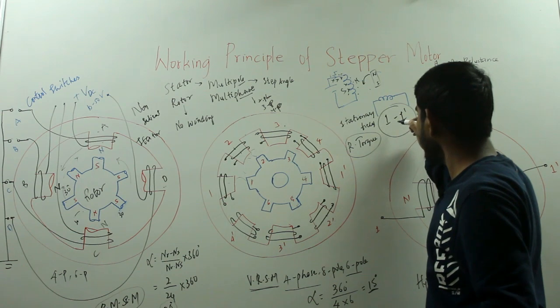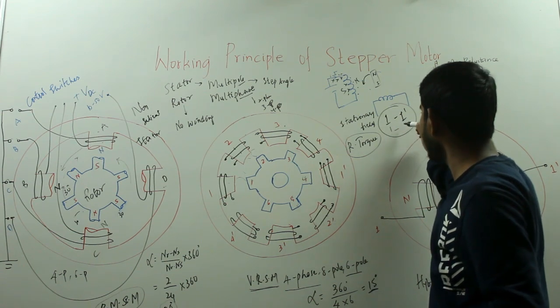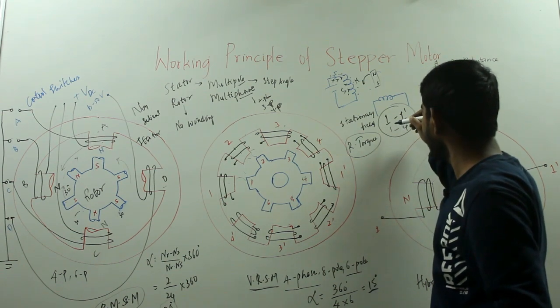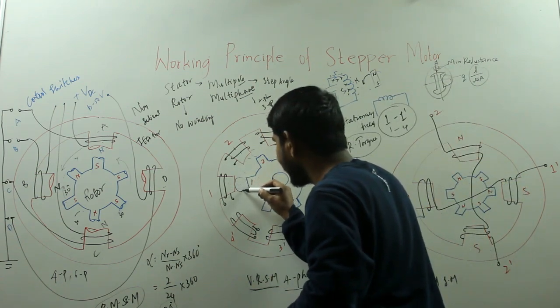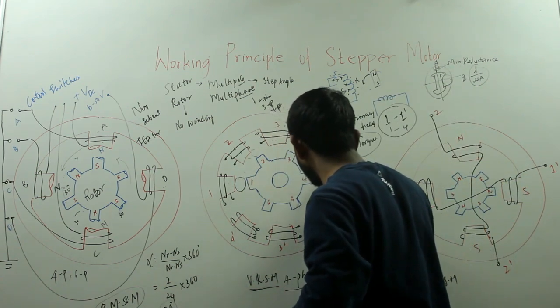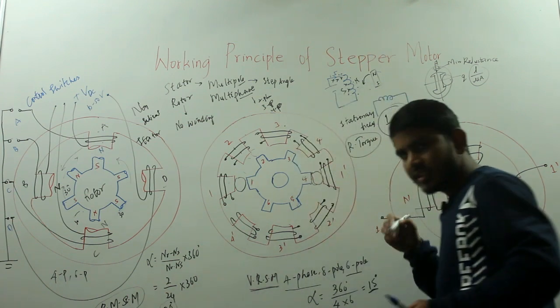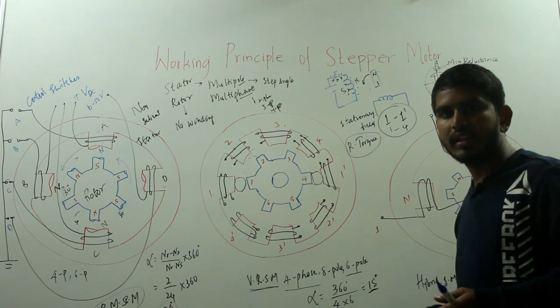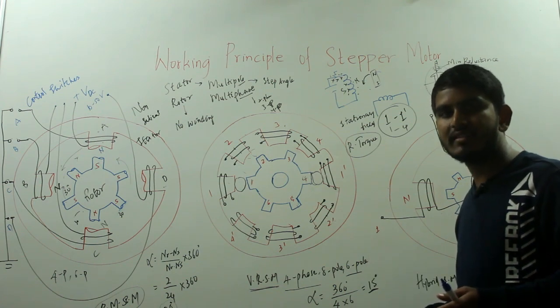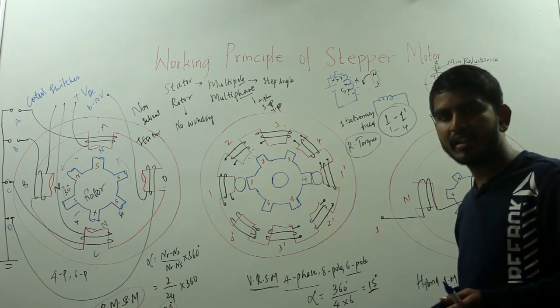So when you excite 1, 1 dash, the rotor poles 1 and 4 will align with the stator poles 1, 1 dash, because here the magnetic reluctance will be minimum. As we have said, the torque developed will move the rotor to a position where the reluctance of the magnetic flux will be minimum.